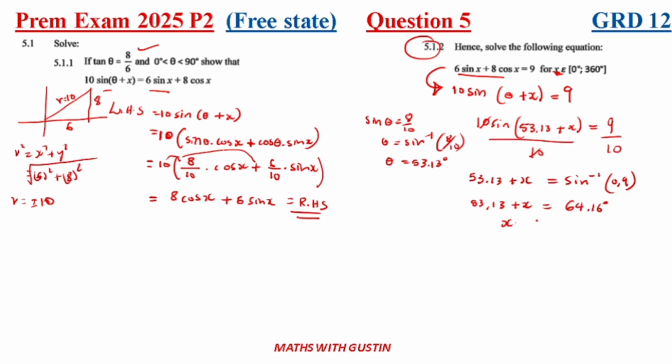To solve for x, you just take 53.13 to the other side, which gives us an x value of 11.03, to 2 decimals. That's what I'm getting, guys.